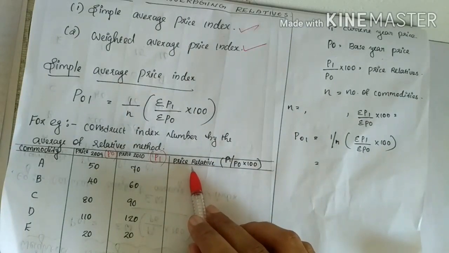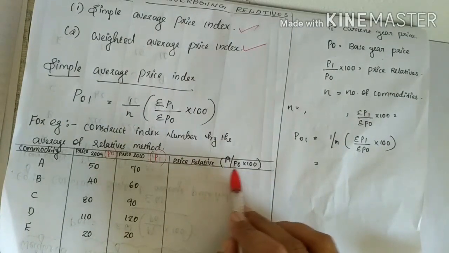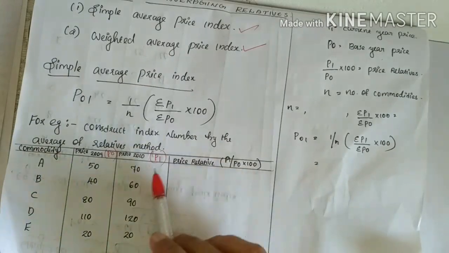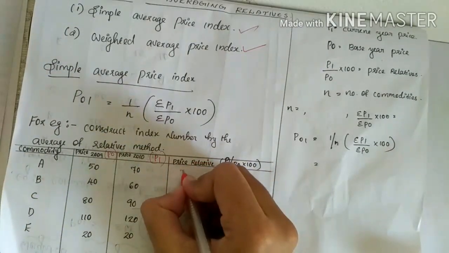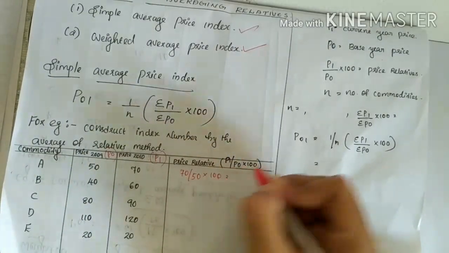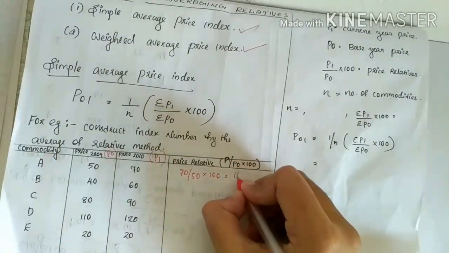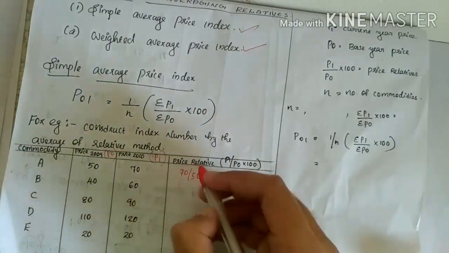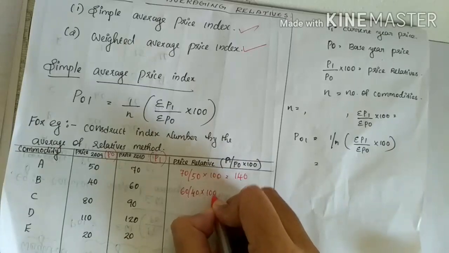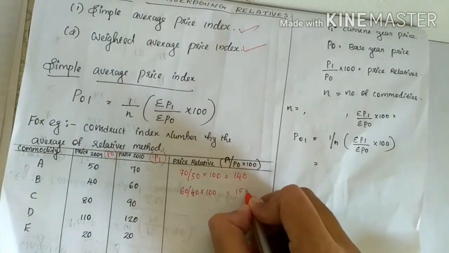After that, you have to calculate the price relatives. It is calculated by P1 divided by P0 into 100. Here P1 is 70, so 70 divided by 50 into 100. The answer is 140. Next case, 60 divided by 40 into 100 is equal to 150.